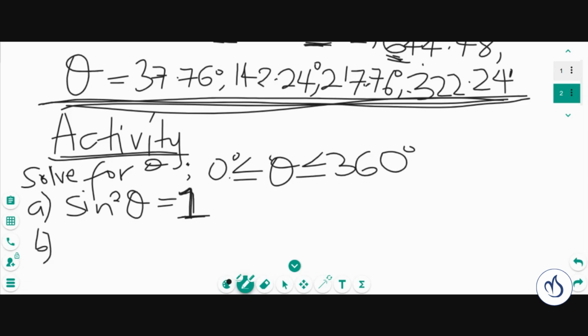The second question that you're going to do is the sine squared of 2 theta is equal to 1. These are two different questions.